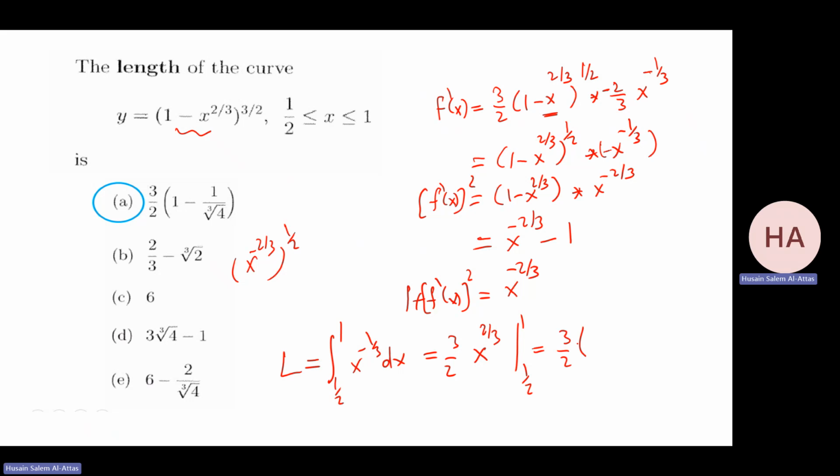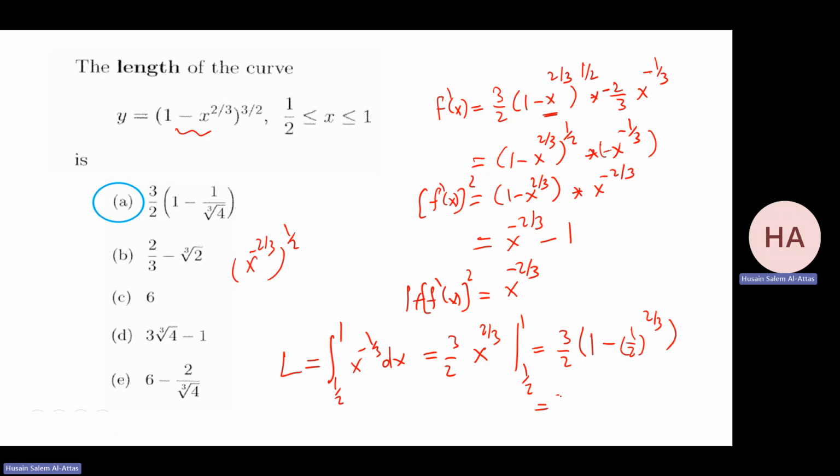Substitute, and that is 1 minus. We do the half, it will be half to the power 2 over 3.